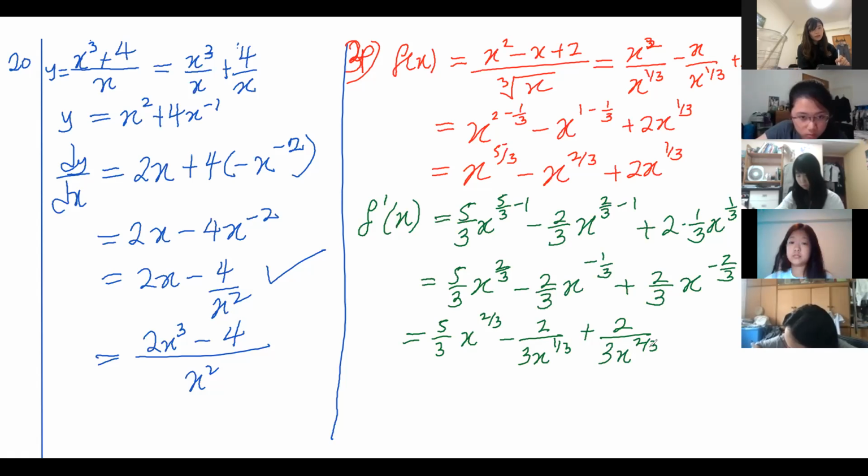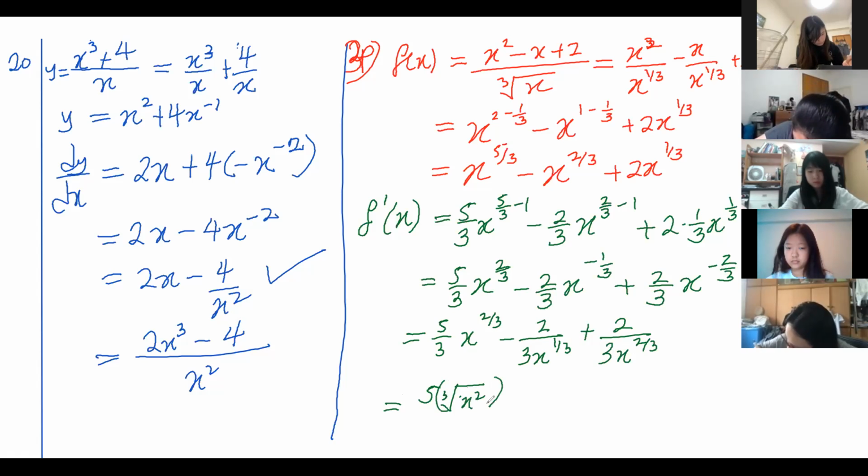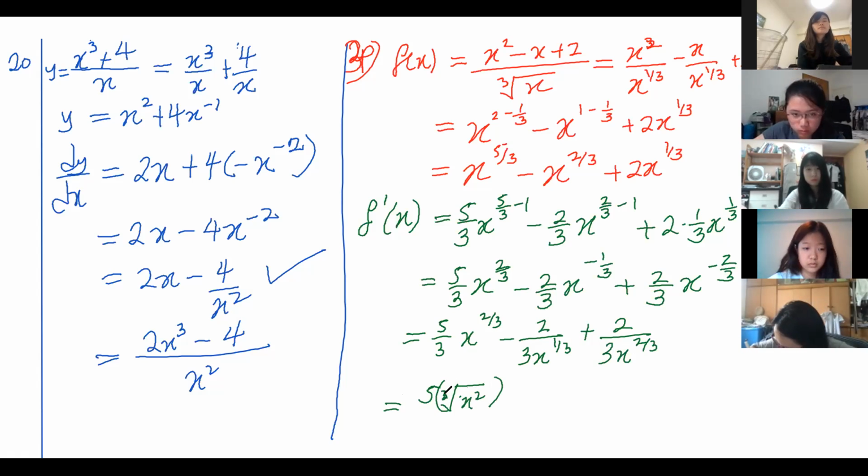Okay? But if I want to write it in form of a root, this is simply the cube root of x squared. But you need to be careful how you write cube root, so it's not read as 5 times 3. That's why I use the bracket. Understand? Karen? If I do not put the bracket, I don't want it to be seen as 5 times 3. Then how about the 5 over 3?